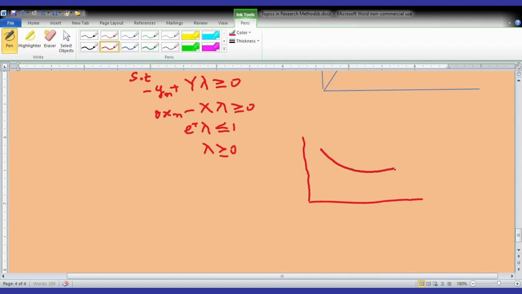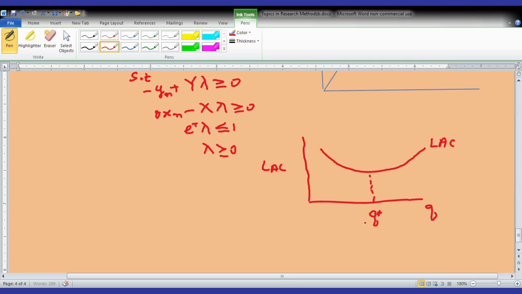Suppose that this is your long run average cost along the vertical axis, and this is your output, and this is Q star, where long run average cost is at its minimum.